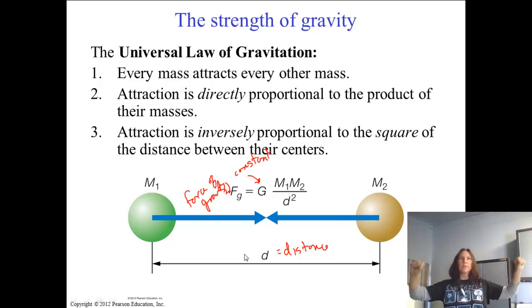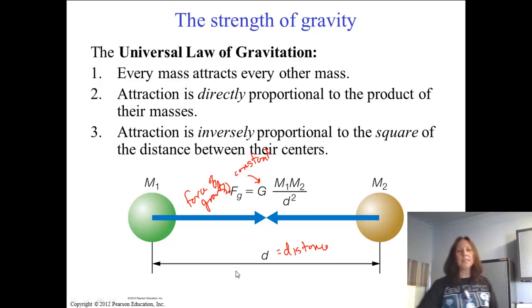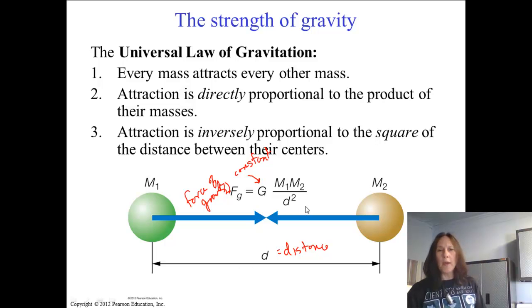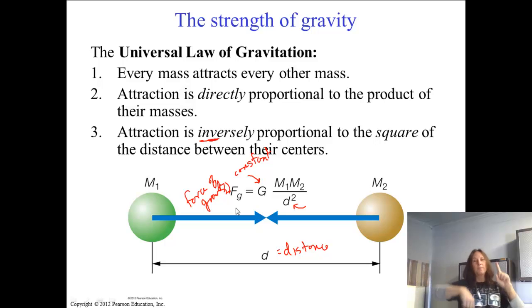Anytime you see an equation like this, with one variable in the denominator, it must have what we call an inverse relationship to the thing on the other side. So as distance goes up, force goes down. As distance goes down, force goes up. They have an inverse relationship.